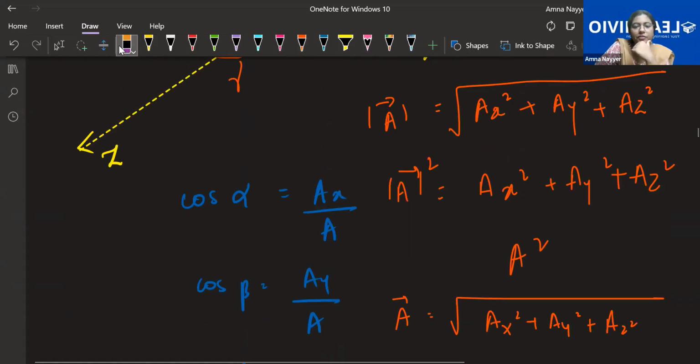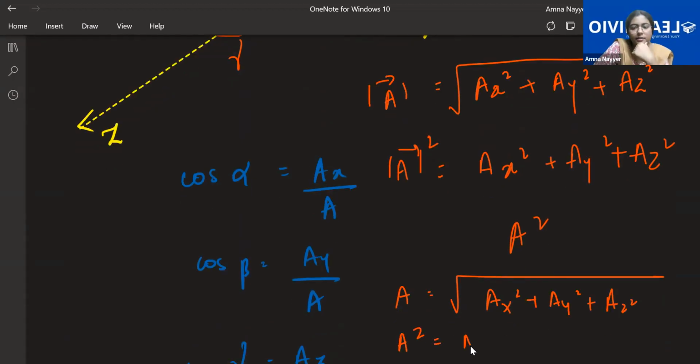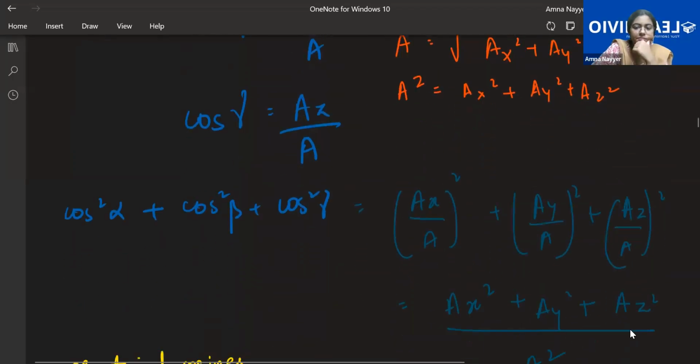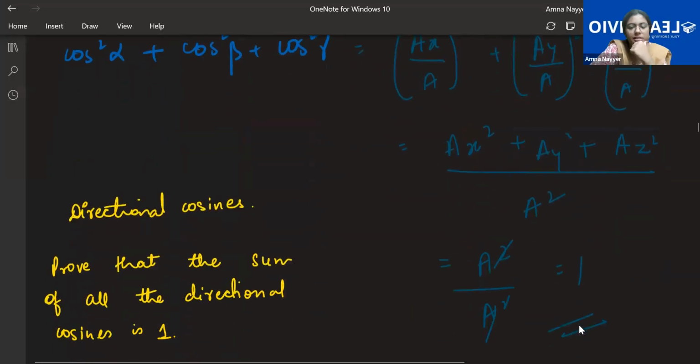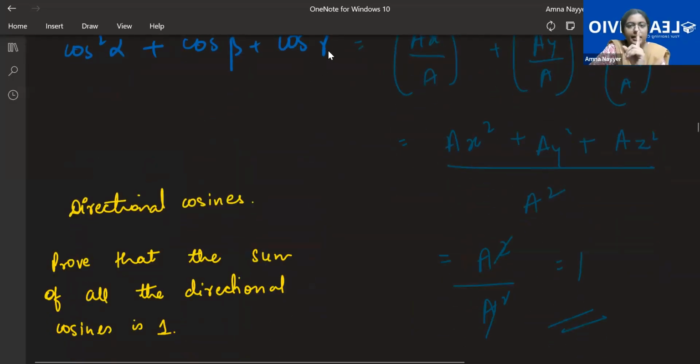This is the magnitude of it. If I square both sides, this will be A square equals Ax square plus Ay square plus Az square. This A square I have written here, so the sum is equal to 1. Is it clear?